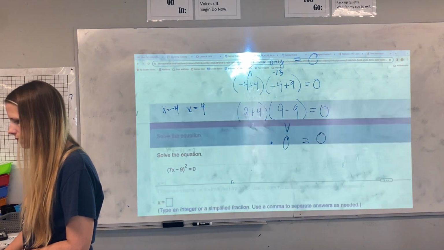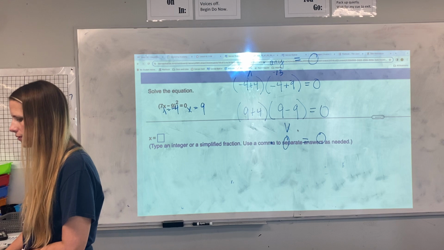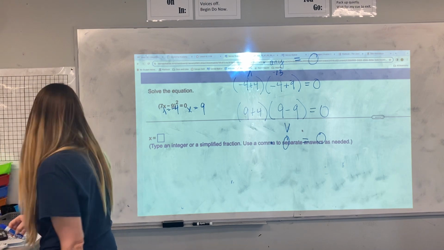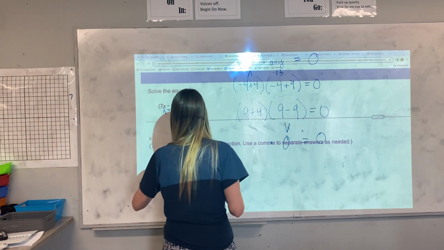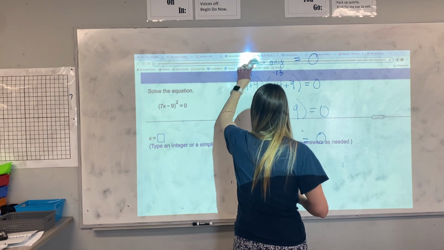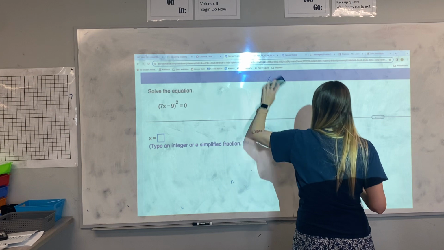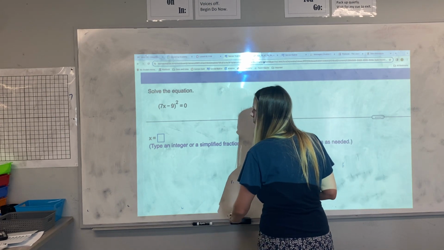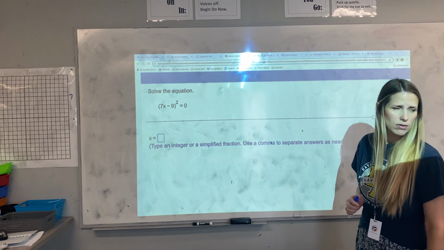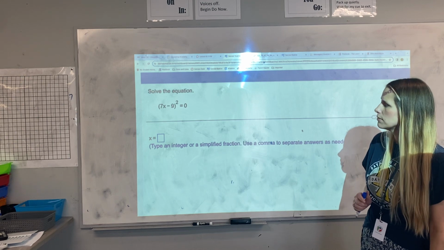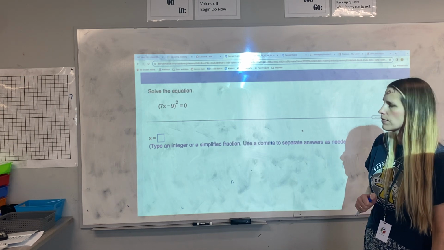There we go. Uh-oh. Why is this looking weird? What's weird about this? Because this x has a coefficient. That is a little weird. And they're squared.